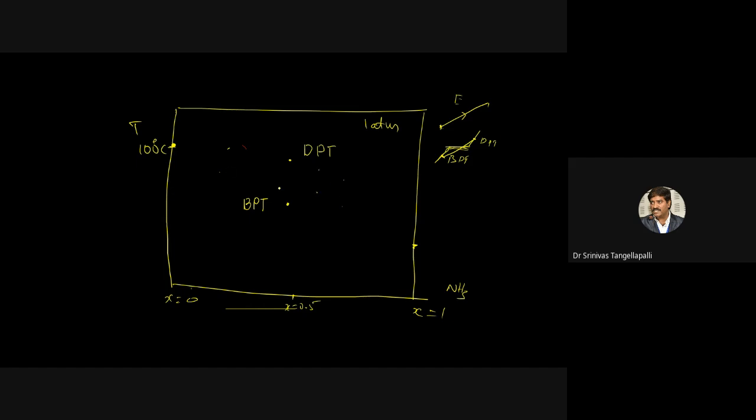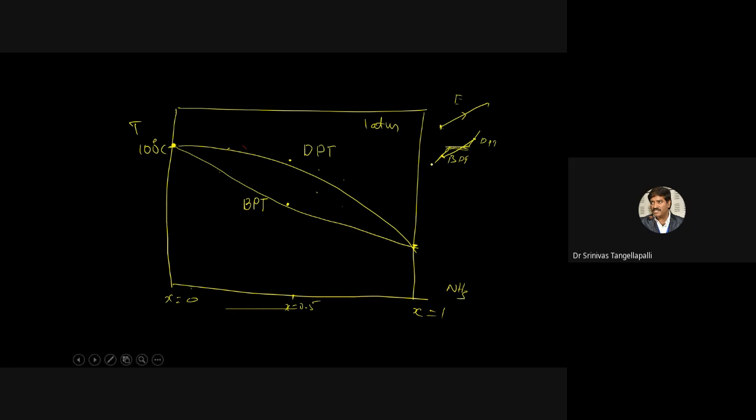Joining up the locus of these bubble points and the locus of the dew points, I will get a loop. This is the bubble point temperatures and the top one is the dew point temperatures. Now we are able to divide the regions, like in steam and water properties.